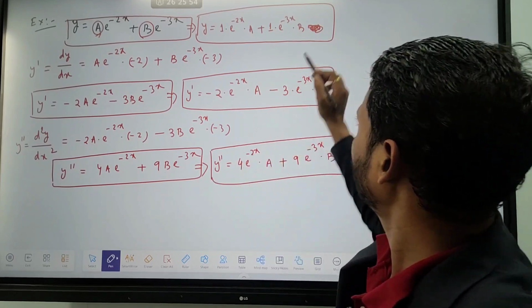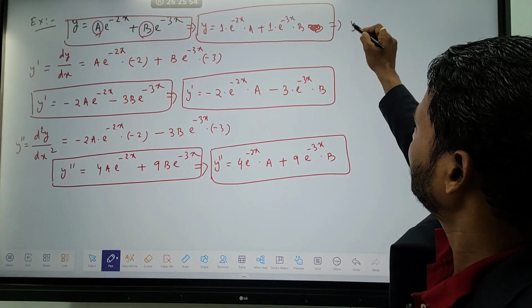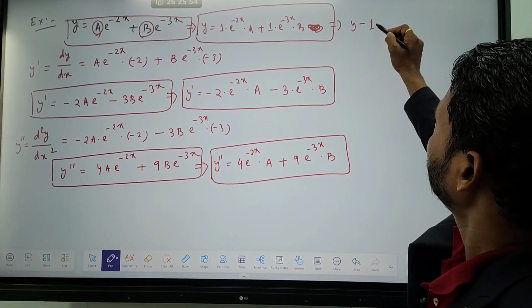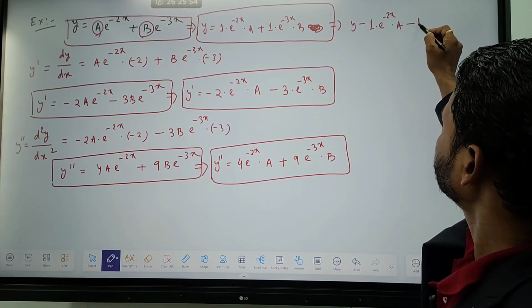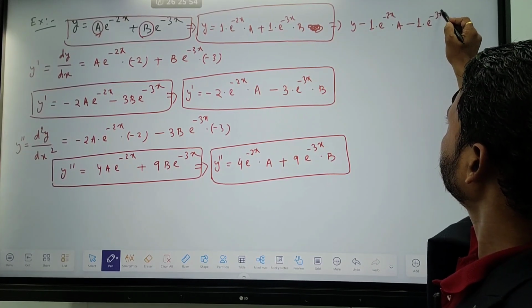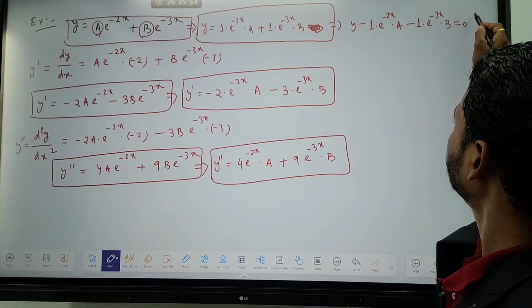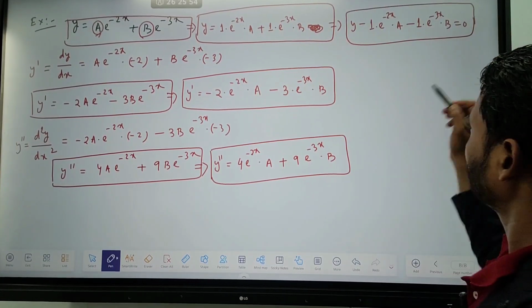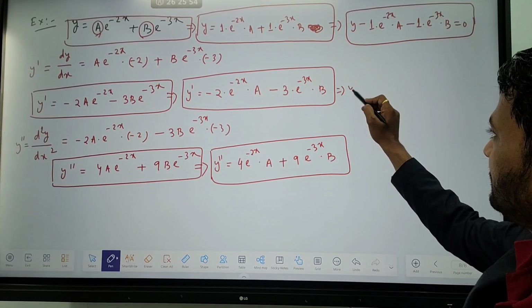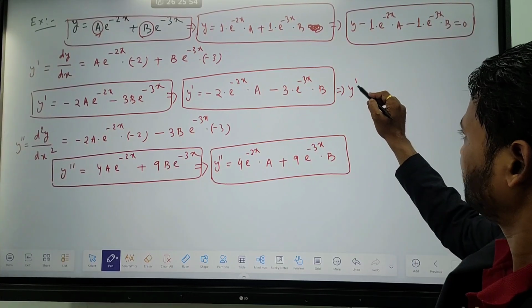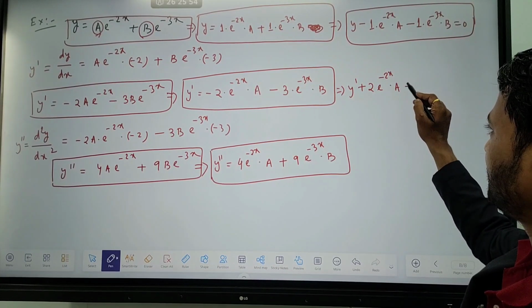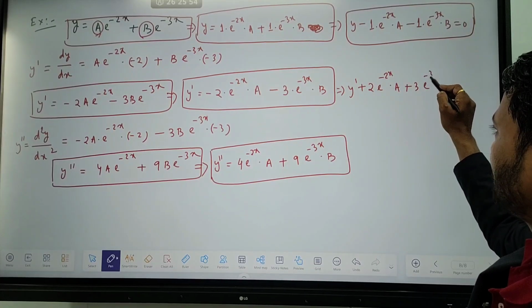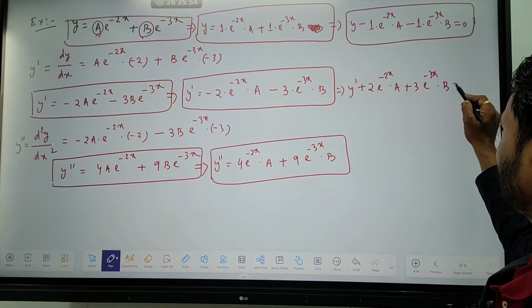Now I can write y minus 1 into e to the power minus 2x into a minus 1 into e to the power minus 3x into b equal to 0. And from the second, y dash plus 2 into e to the power minus 2x into a plus 3 into e to the power minus 3x into b equal to 0.